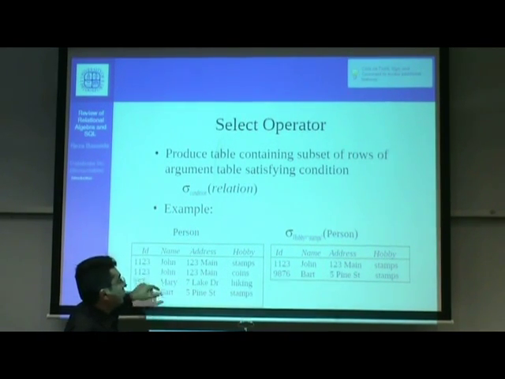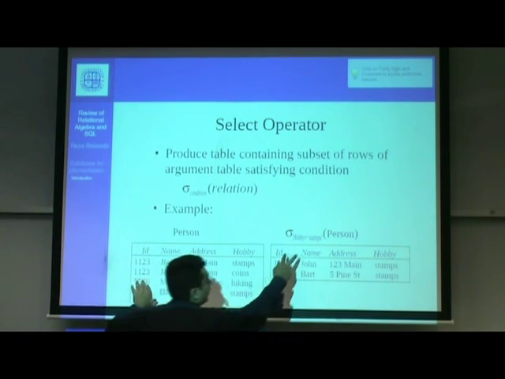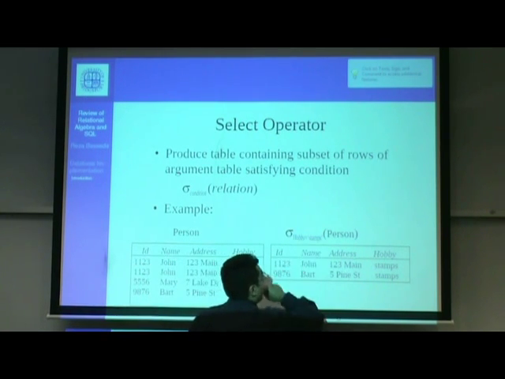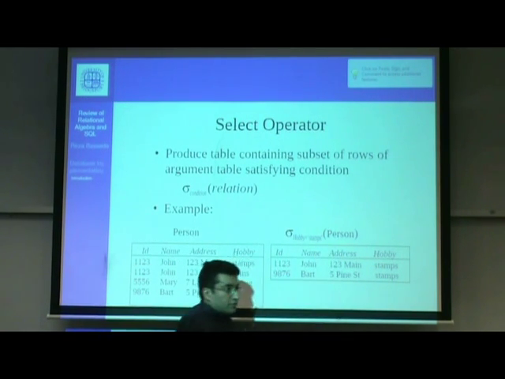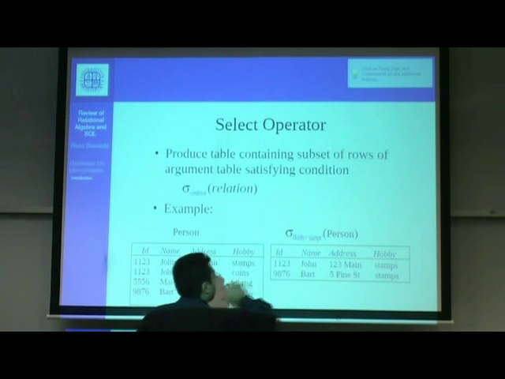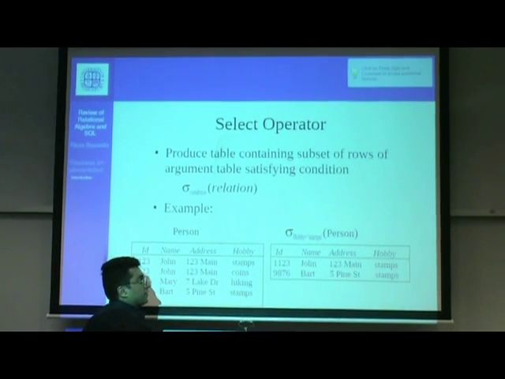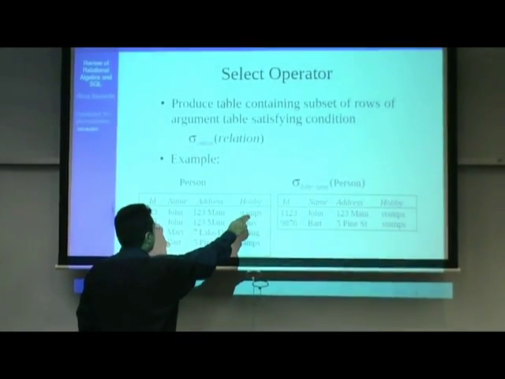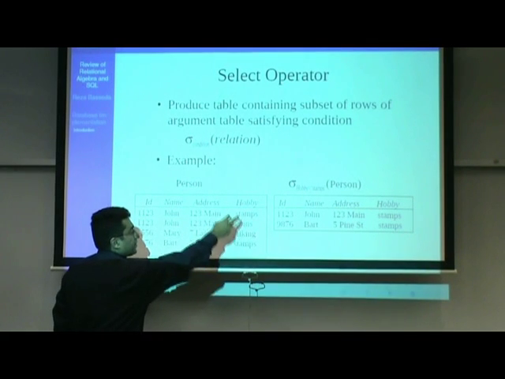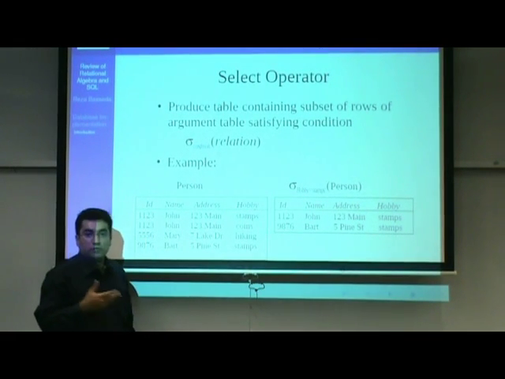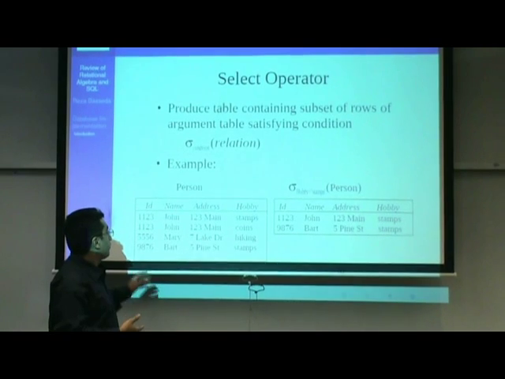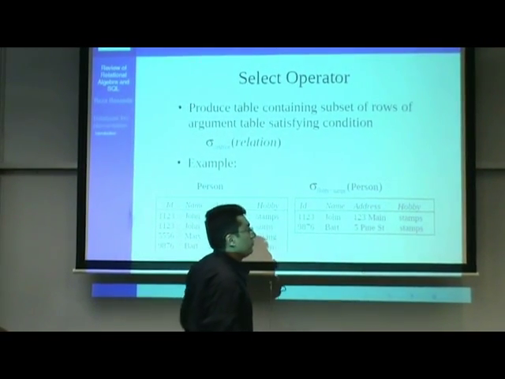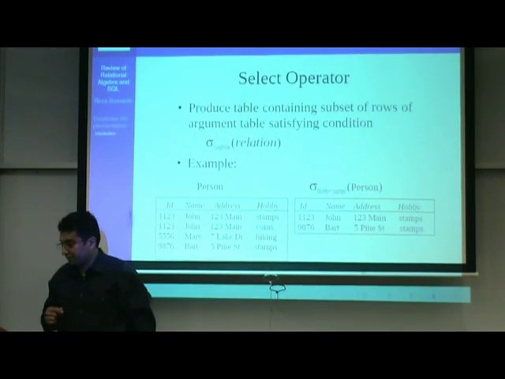For example, if we put the condition hobby equals stamps on the person relation, this expression returns this relation. In the person relation there are two rows where hobby is equal to stamps, so the operator filters these two rows into a new table with the same domain.